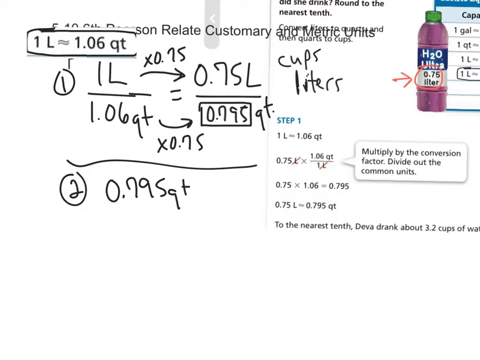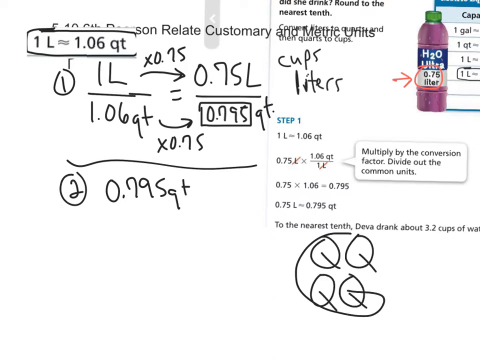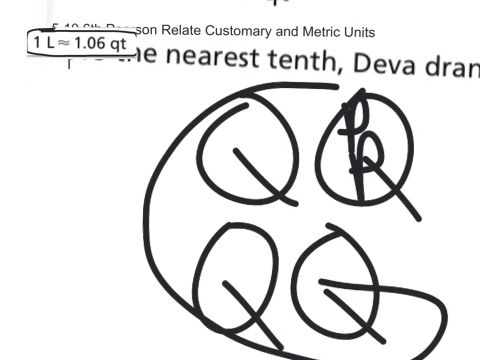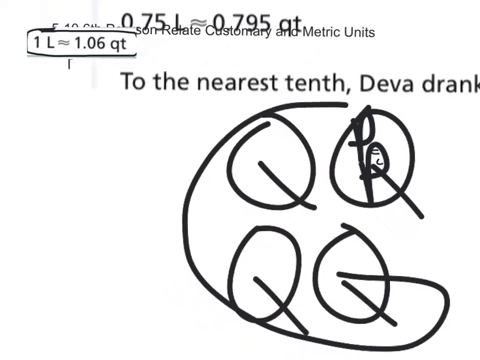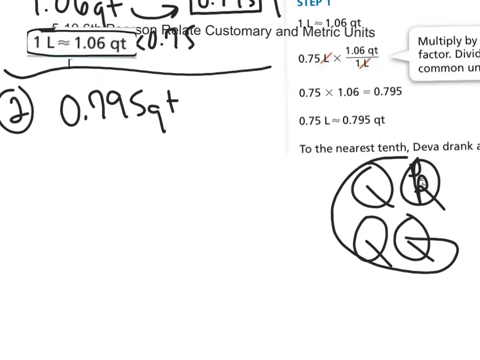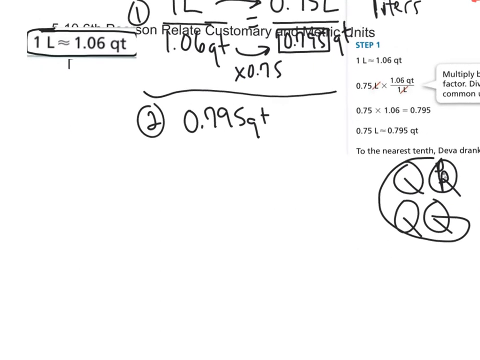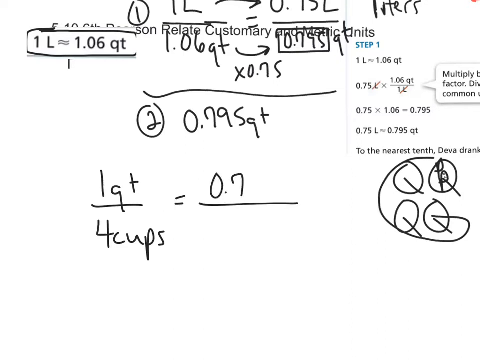So if you remember from earlier in the chapter, we had this chart. And from that, you may remember that there's four cups in a quart. So 1 quart is 4 cups. So if we have 0.795 quarts, we can figure out how many cups that is.